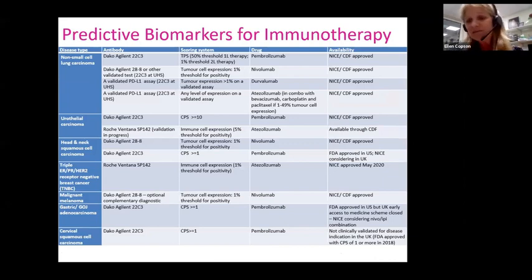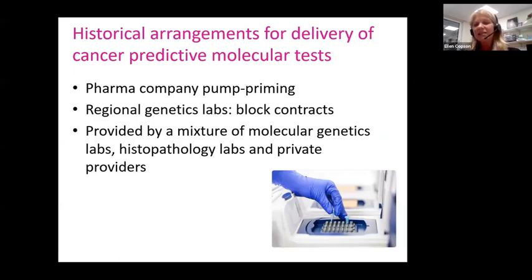The big exception, of course, is immunotherapy, which is very much reliant on immunohistochemistry. And within immunotherapy, we're seeing a whole range of different tests, different antibodies, and different thresholds provided in different settings. This is exactly what we saw historically with all the genomic tests too.